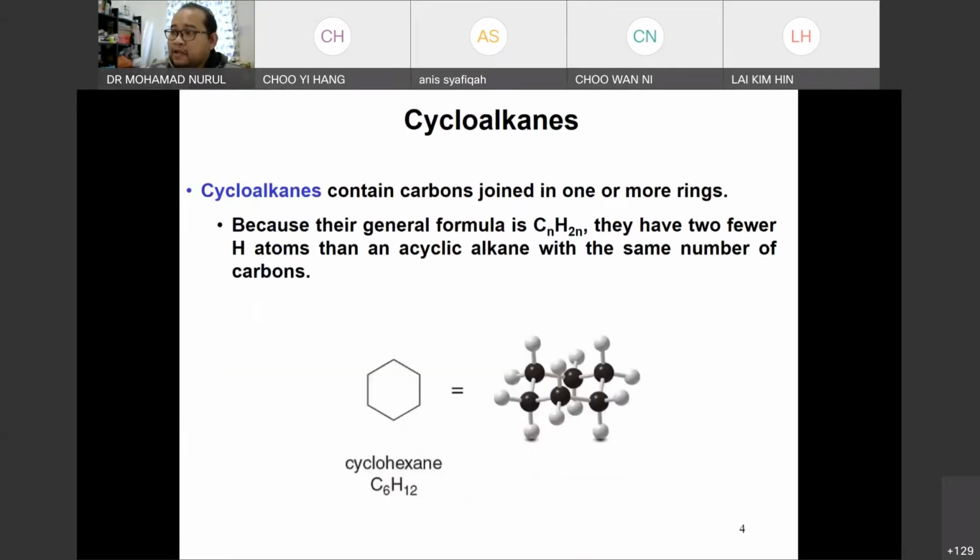For the cycloalkane, it's a cyclic compound that can contain carbons joined in one or more rings, okay, because their general formula is CnH2n without the +2, because the ends of the carbon chain have been connected. There are 2 fewer hydrogens than acyclic alkanes. This is a very famous example, cyclohexane, CnH2n.